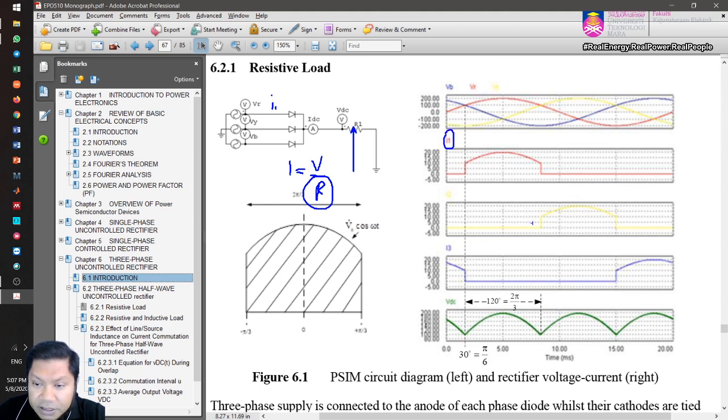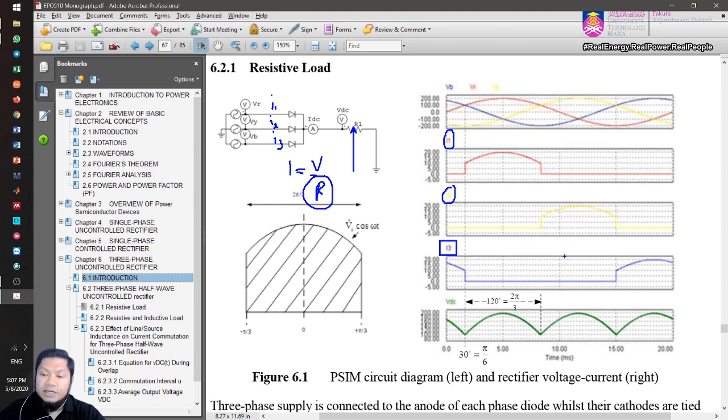This is the current through diode 2, and then we have I3 corresponding to the diode for the yellow-blue phase.